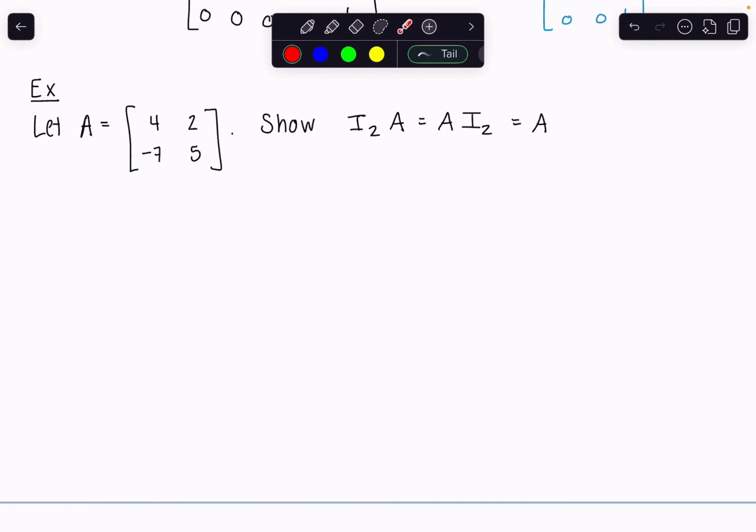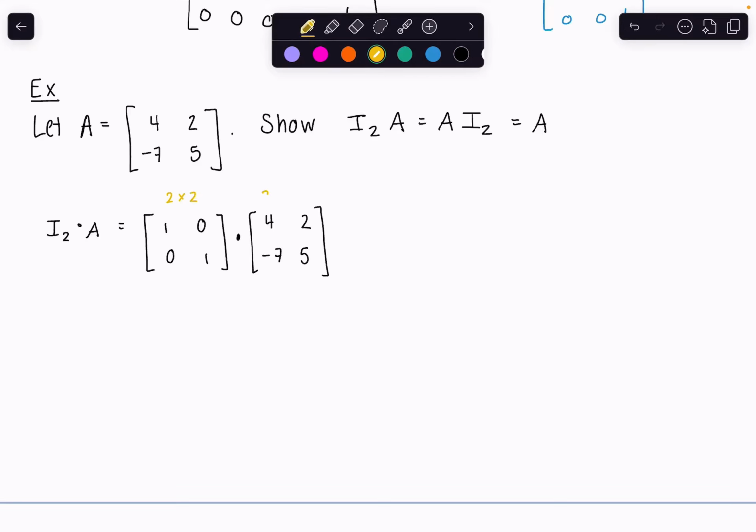So this is going to require matrix multiplication. I'll start by doing I2 times A. I2 has 1s along the diagonal, 0s everywhere else, and we are going to multiply this by 4, 2, negative 7, 5. So again, this is a 2 by 2 matrix multiplied by a 2 by 2 matrix. The result is a 2 by 2 matrix because the inner dimensions match up and you get the outer.